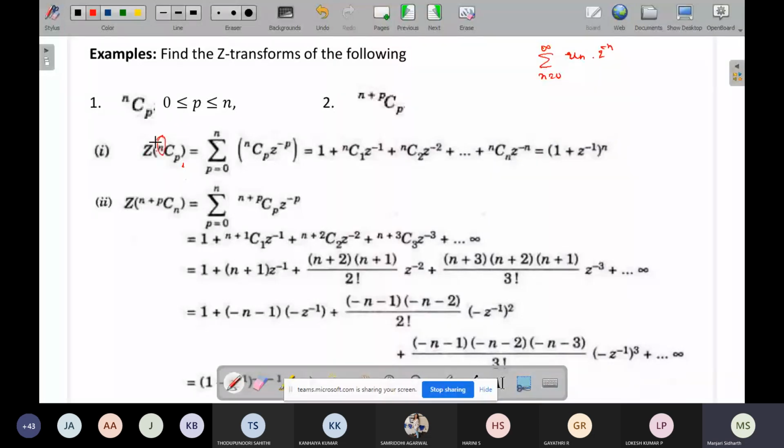But n is already there and p is the variable here, meaning the sequence depends on the value of p, right? So we'll take summation p equals 0 to infinity u n z power minus p, where u n is nCp. Okay, that means p you need to take. So expand this summation: 1 plus nC1 z power minus 1, nC2 z power minus 2, up to nCn z power minus n. So this is nothing but an exponential.